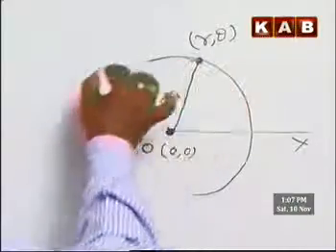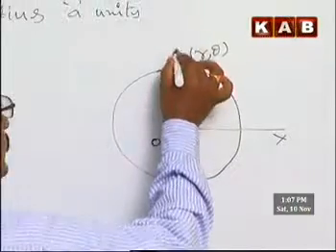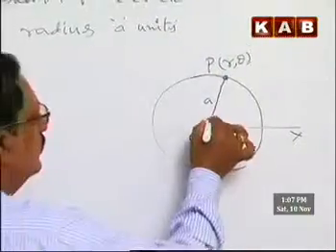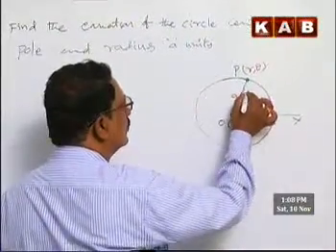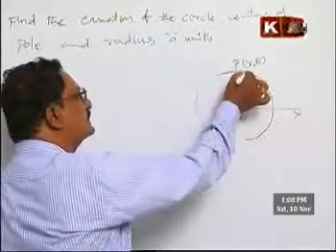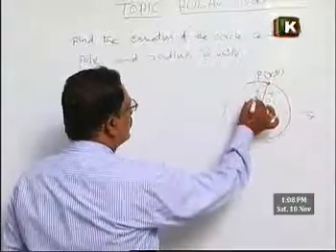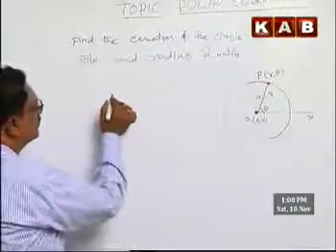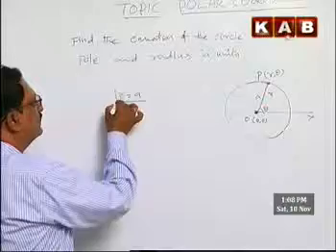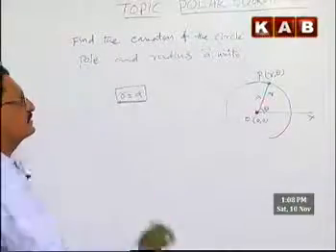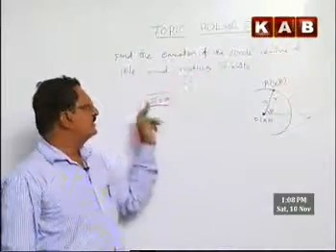Then OP is inclined at an angle theta with the polar axis and OP equals r. The radius of the circle is A, so A and r are equal. Now, OP equals A and OP is also r. Then the required equation of the circle in polar form is r equals A.